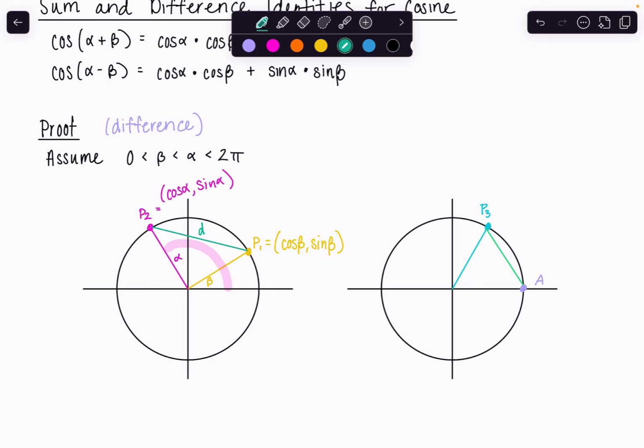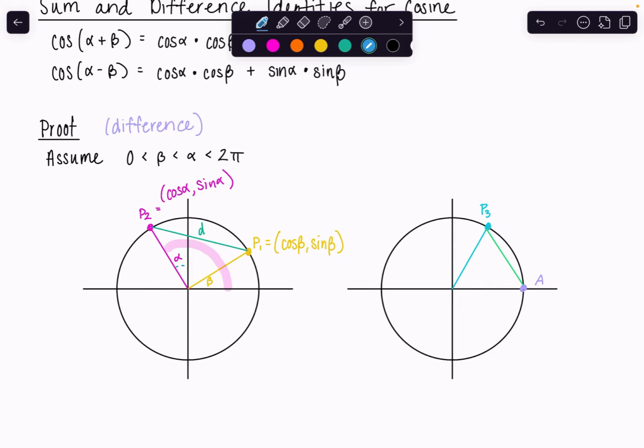What I can also consider is if I take this and I move that so that my starting side right here is on the x-axis. So what I can look at is what is this angle right here, and it would be the same as over here, okay? So this full distance is alpha. If I want this piece, I need to remove beta.